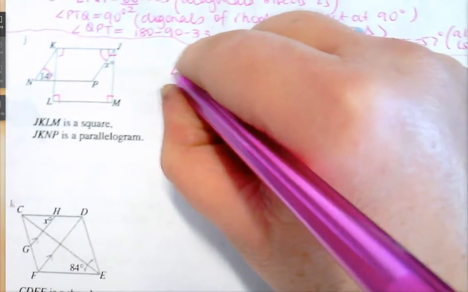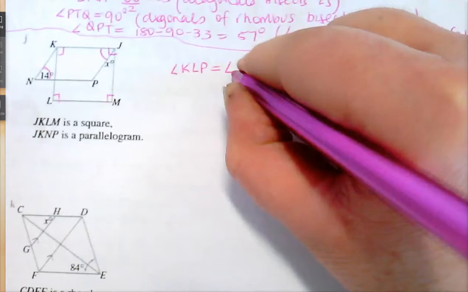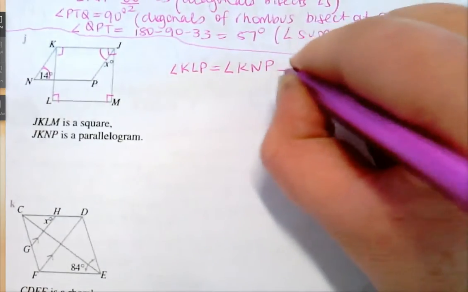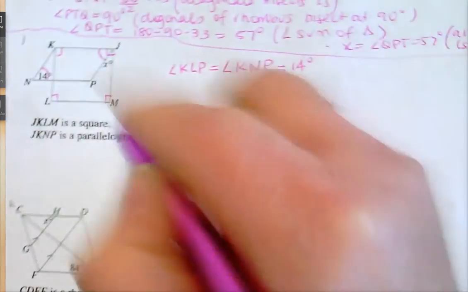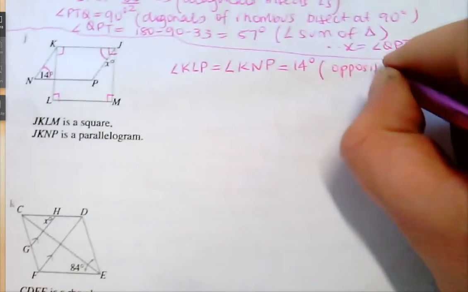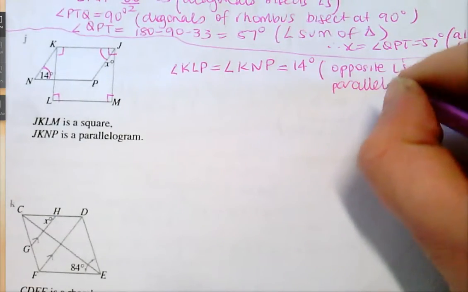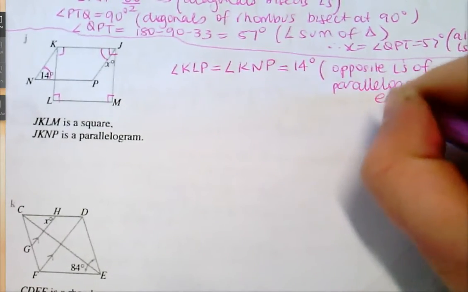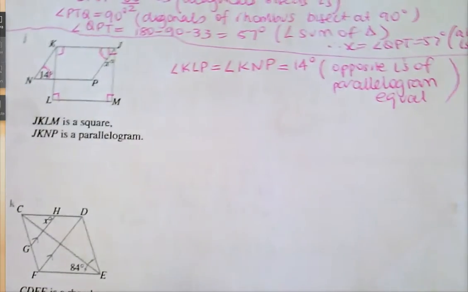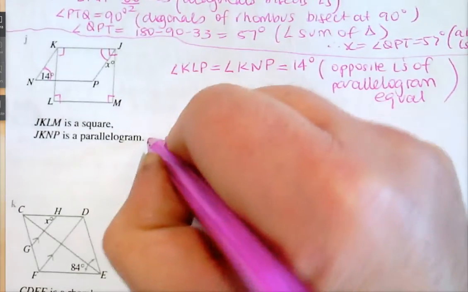So I'm going to go: angle KLP is equal to angle KNP, which is equal to 14 degrees. Why are we saying that that equals that, which is 14? Because they are the opposite angles of a parallelogram, which are equal. Now we've used some information from that.